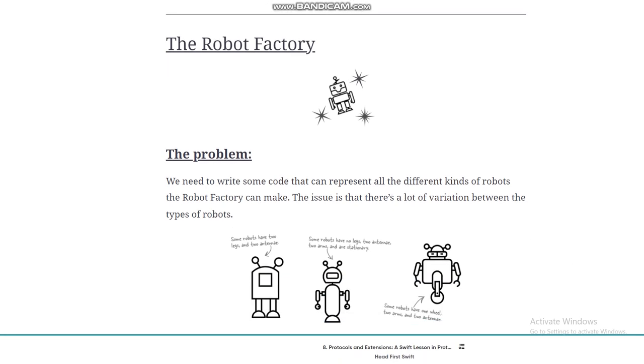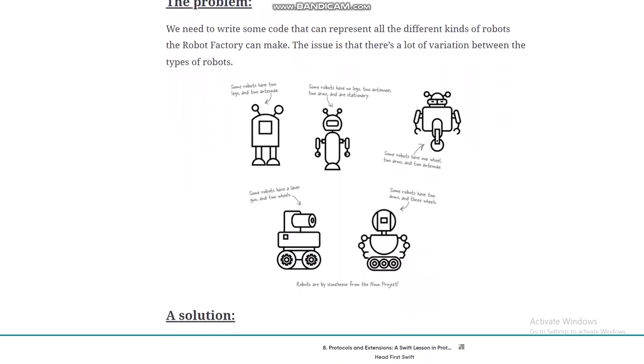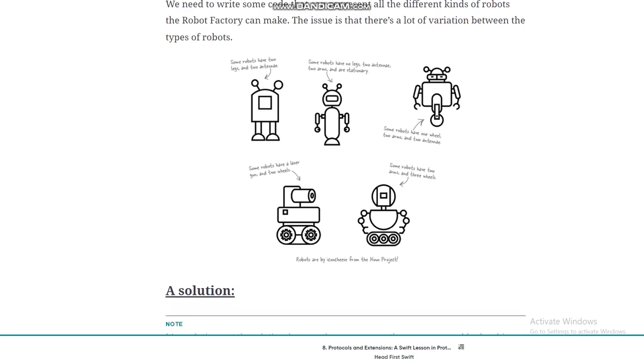Suppose that we have the following problem, that we have different kinds of robots. Like here, it has some antennas, doesn't have hands, but has feet, right? It doesn't have feet but has two hands and arms and has antennas as well.